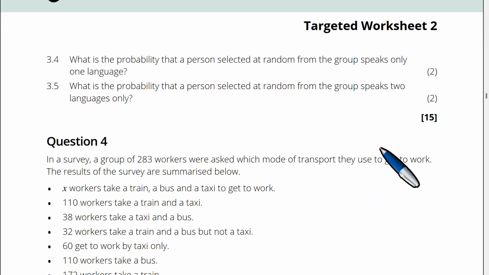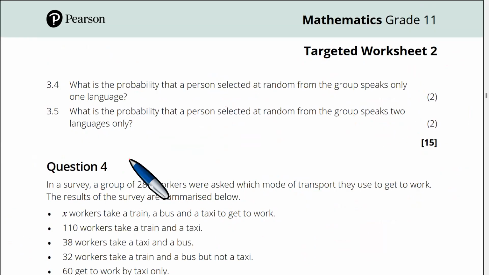Okay, what is the probability that a person selected at random from the group speaks only one language?